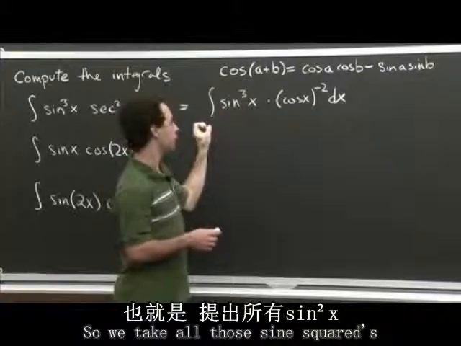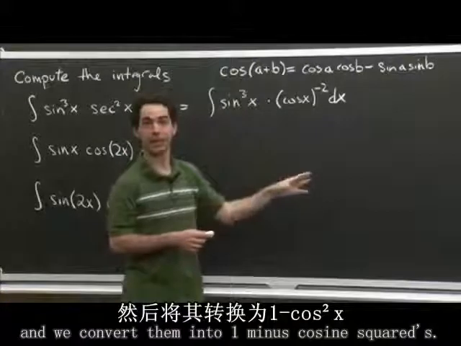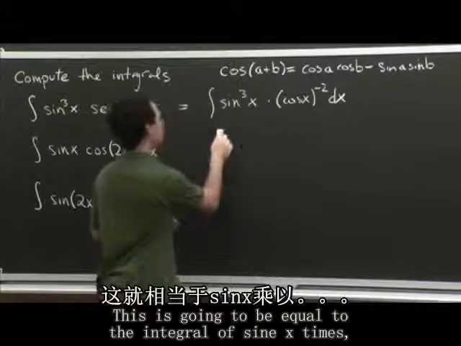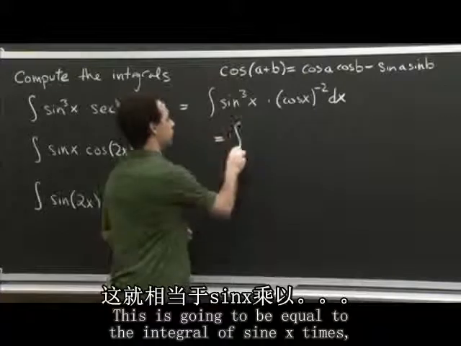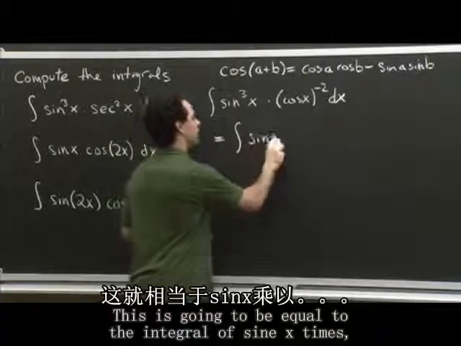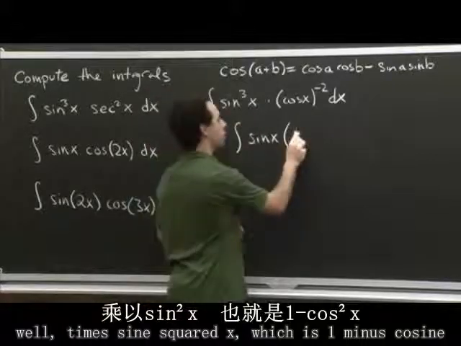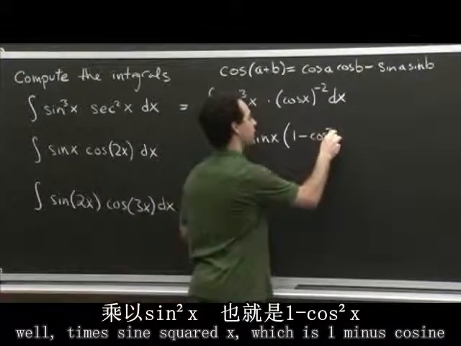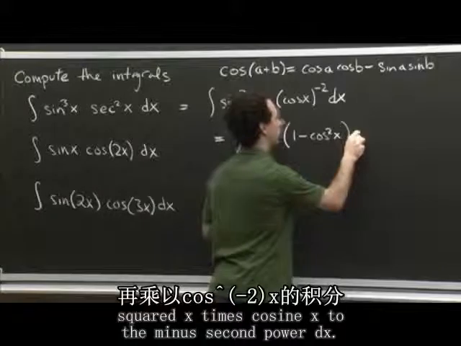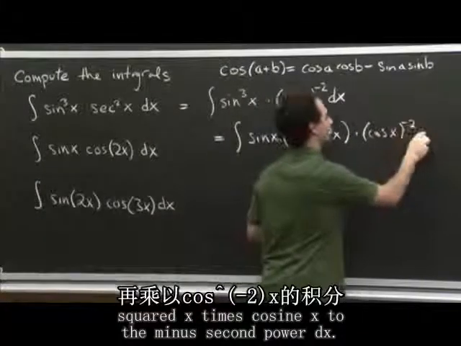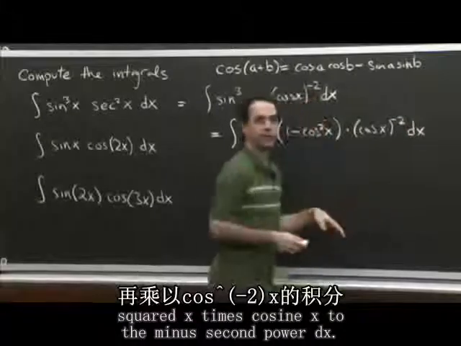So we take all those sine squareds and we convert them into 1 minus cosine squareds. So this is going to be equal to the integral of sine x times 1 minus cosine squared x times cosine x to the minus 2nd power dx.